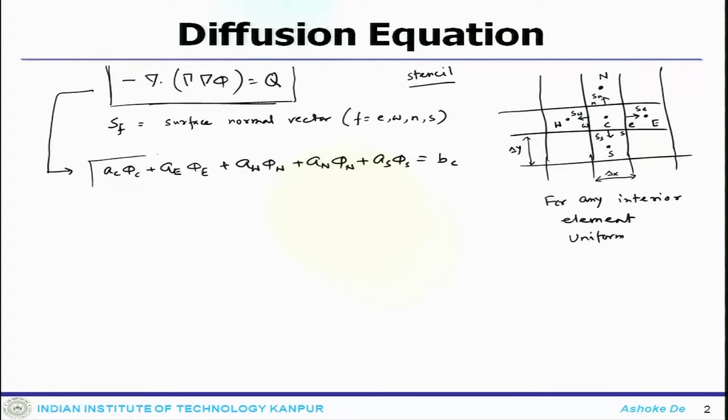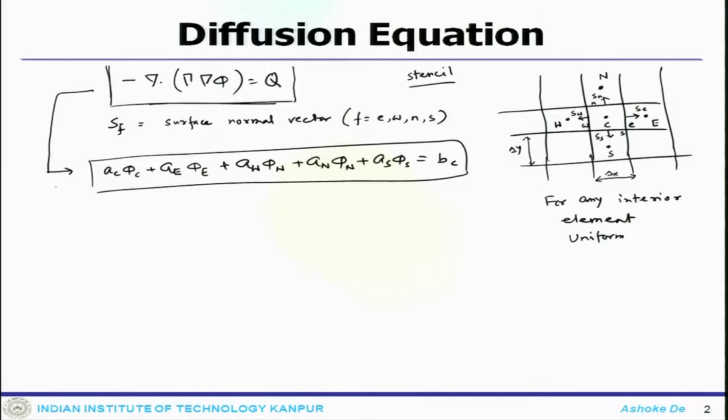So, this is the discretized equation that we obtained for any interior element. Any interior element is governed by this particular set. So, essentially this discretized equation is going to get you Ax equals B, and while doing this, all our coefficients were in a compact form.